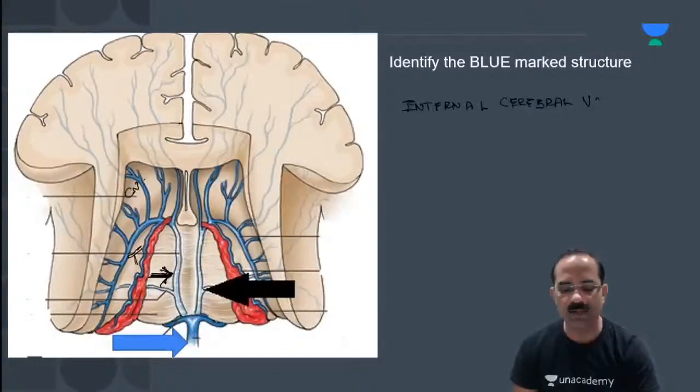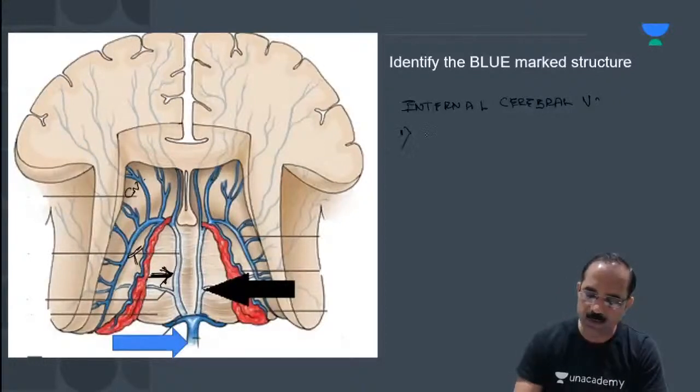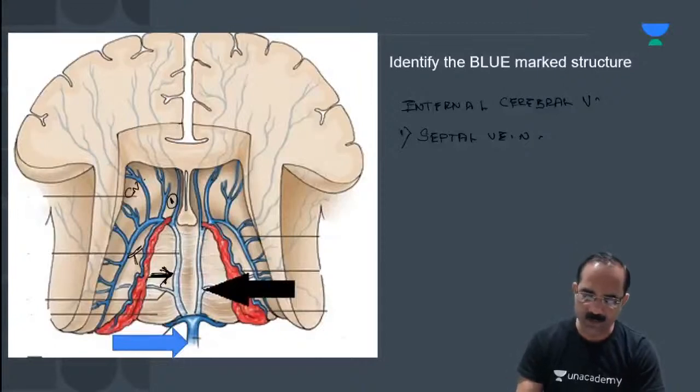And students, how are the internal cerebral veins formed? The internal cerebral veins are formed by the joining of three veins. I'll put numbers here. Number one is the septal vein.